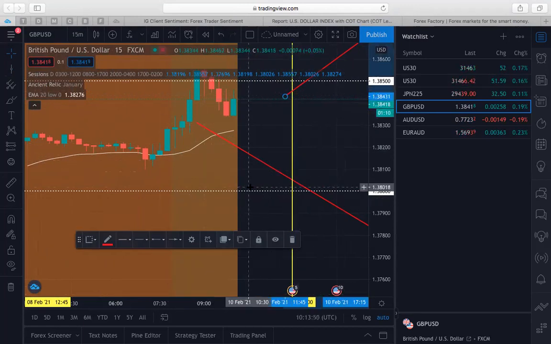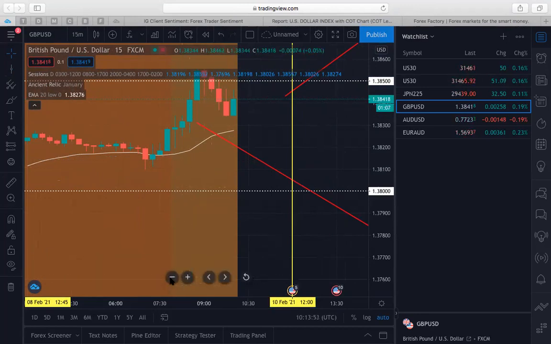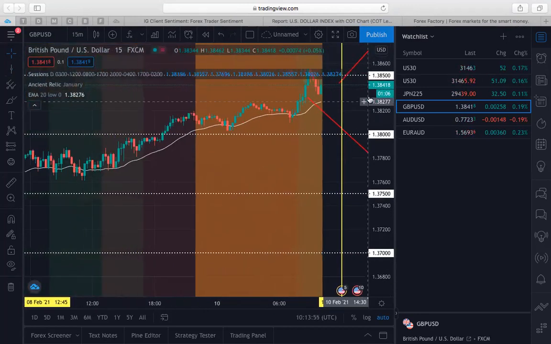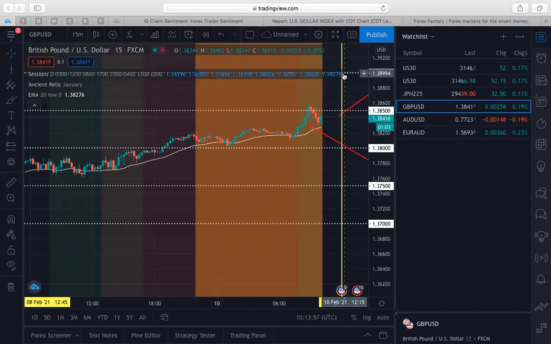But mostly, I think I'll be looking for a sell, because if this should break out to this level before the news, then I'm expecting a sell. But if it doesn't, I might get a consolidation because of the news also.